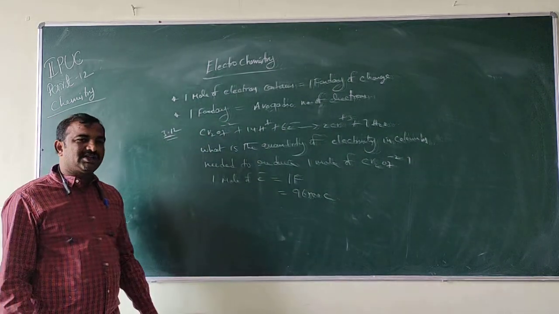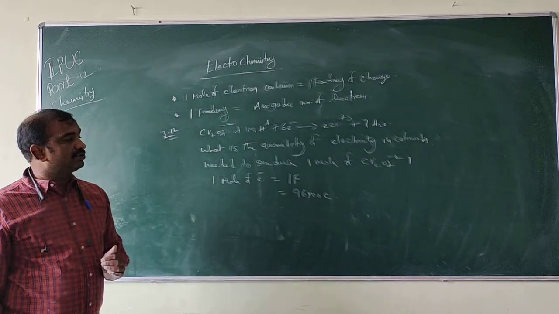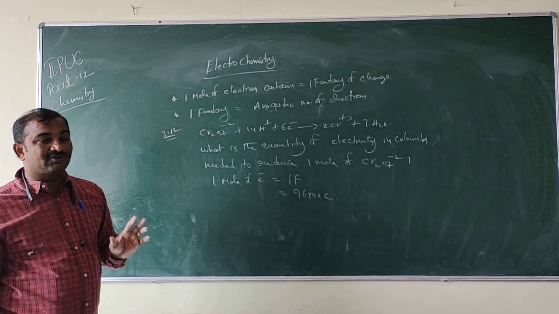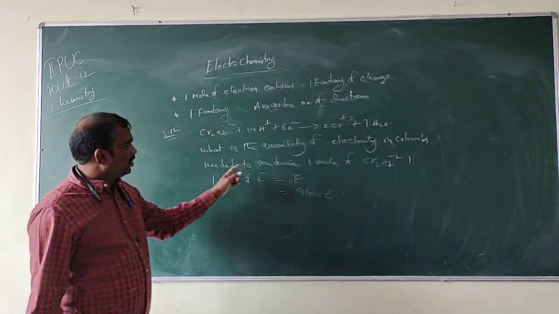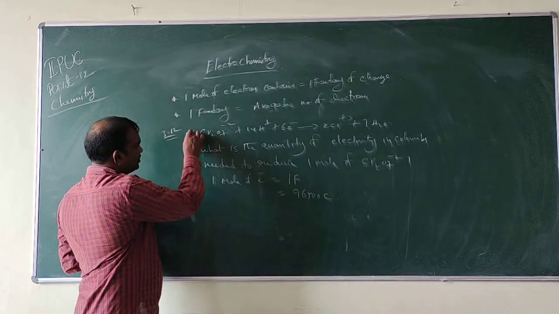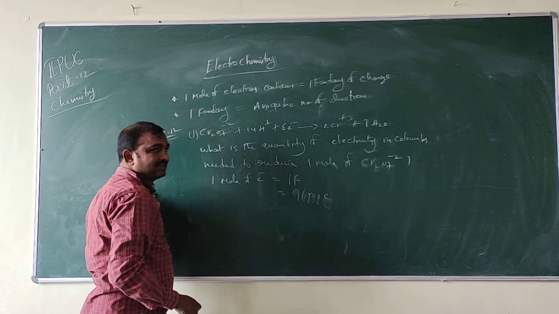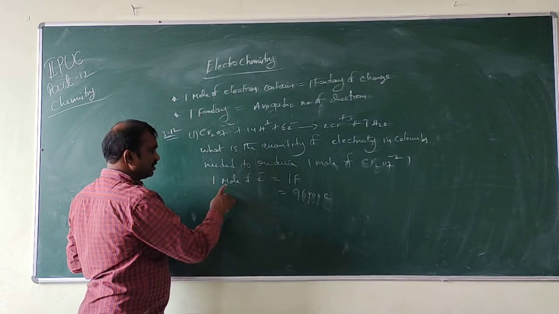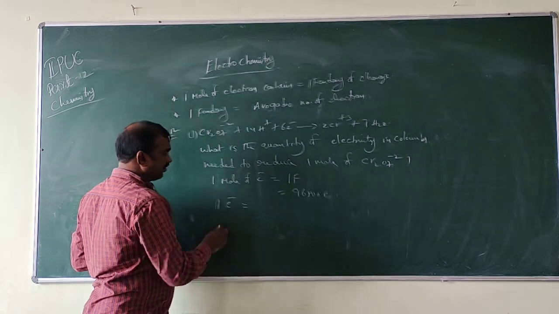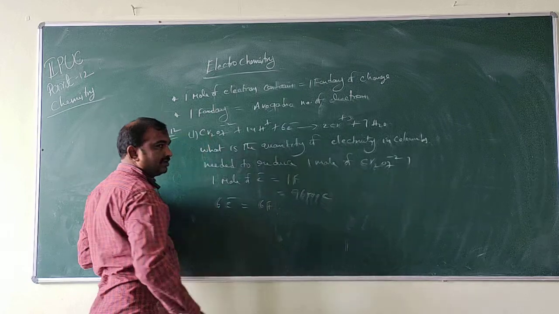For 1 mole of electrons, that is 1 Faraday, 96,500 coulombs are required. So here, to reduce 1 mole of Cr2O7 minus 2 to this product, how many electrons are required? 6 electrons. So 1 mole of electrons means 1 Faraday. What about 6 electrons? 6 electrons means 6 Faradays.